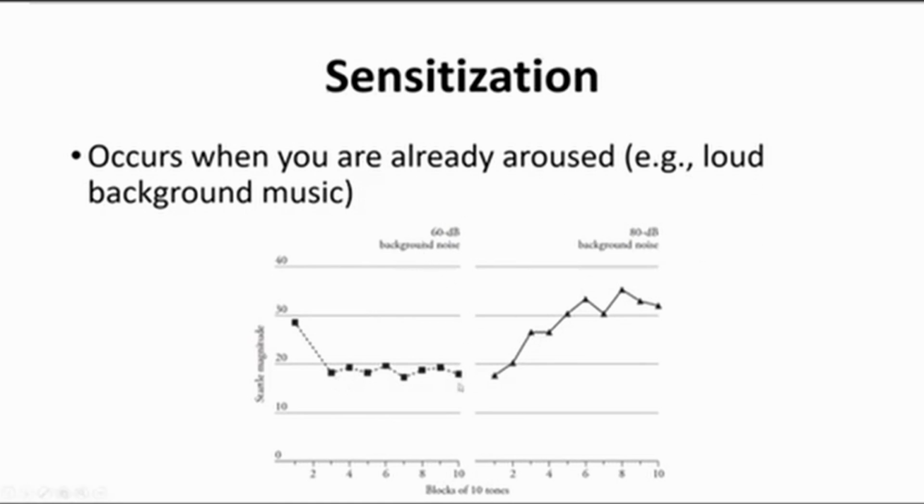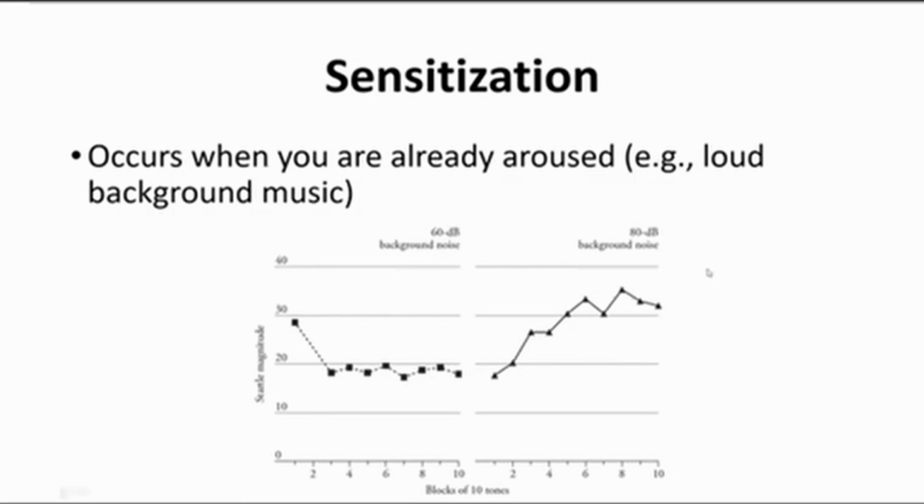But if we have the exact same animals in a similar environment except we change one thing, and this is the level of background noise, if we raise that background noise up to 80 decibels, in this situation with the higher levels of background noise, we could assume that the animals are a little bit more on edge, because most prey species are going to rely on auditory cues and other things from their surroundings to pick up on incoming predators.